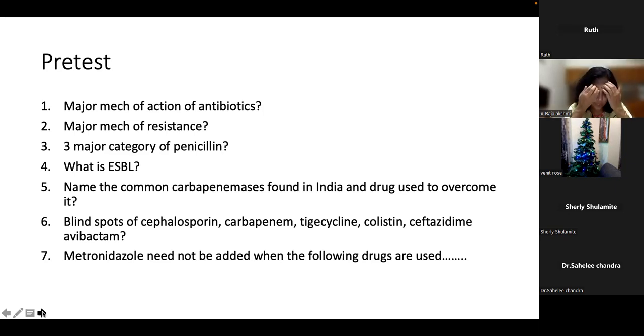Blind spots means these antibiotics will not act against certain bugs. You should know the gaps in the spectrum, that is, the blind spots of cephalosporin, carbapenem, tigecycline, colistin, and ceftazidime-avibactam. Six: metronidazole need not be added when the following drugs are used. We will try to answer these in the post-test.